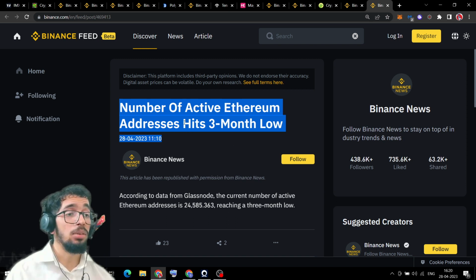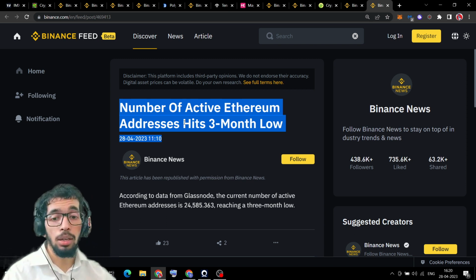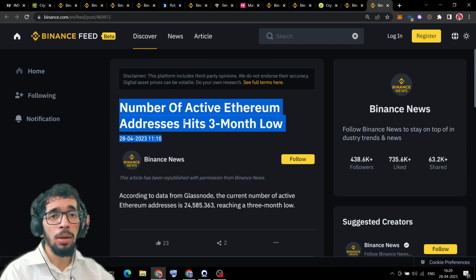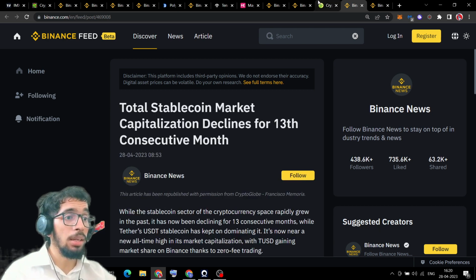So according to this news, the number of active addresses of Ethereum is at a low. So in short, there are very few people using Ethereum, so the demand on Ethereum will be very less in the coming days.